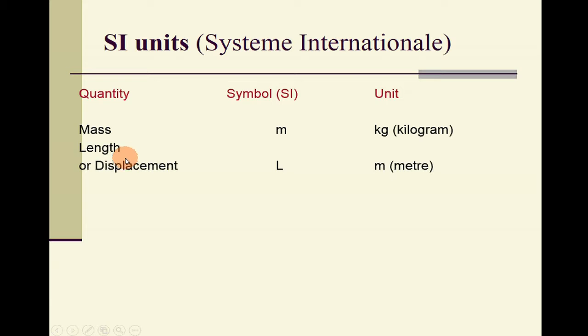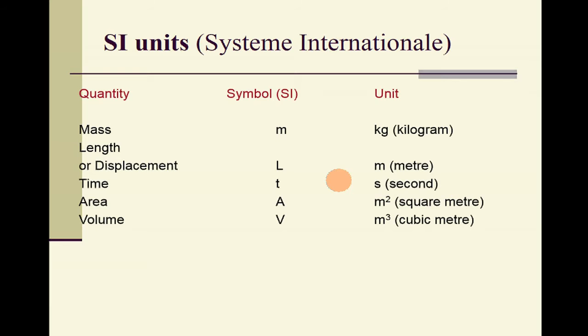Length or displacement has the symbol L and its unit is meter. Time is denoted by the symbol T and its unit is second. Area is denoted by the symbol A and its unit is meter square. Volume is denoted by the letter V and its unit is meter cube.